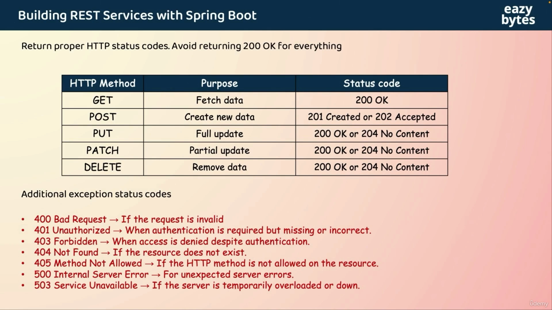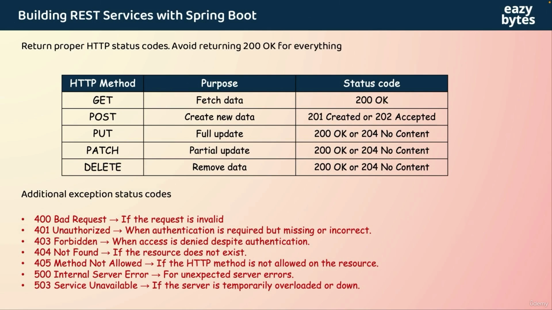Method not allowed means someone is trying to invoke a REST API with an invalid HTTP method. In such scenarios, you can respond with 405. For example, if someone is trying to invoke a PUT REST API with an HTTP GET method, since the methods are not matching, you can send the method not allowed 405 status code.